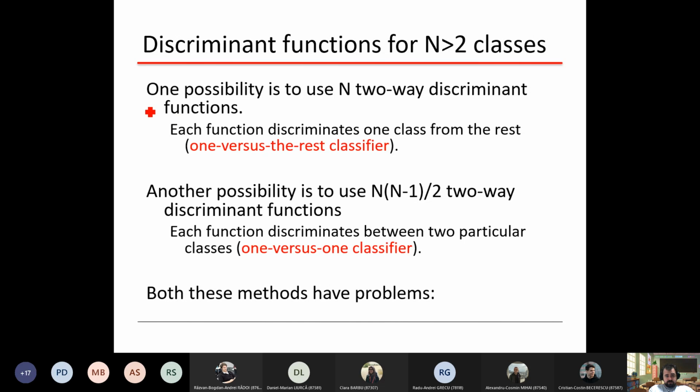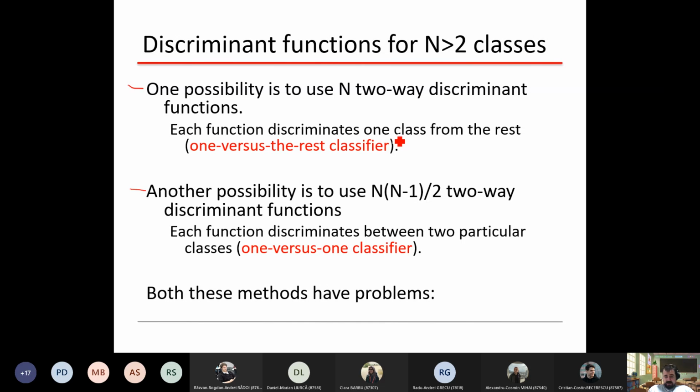That is one option. Another option is to have n multiplied by n minus 1 divided by 2 two-way discriminant functions. So this option compares the point that we need to evaluate only between two particular classes. So it's saying, is it in class 1 or is it in class 2? Is it in class 1 or is it in class 3, and so on.